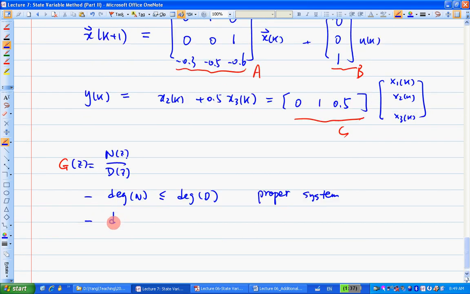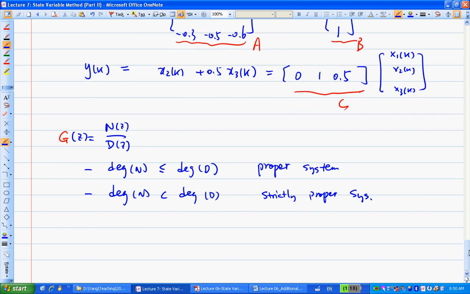If the degree of this is less than this, it is called strictly proper. What do I mean by that? I'll explain what I mean by proper or strictly proper.